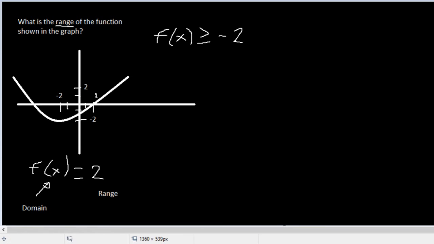Likewise, if I was to alter this graph a little bit, let's say I was to add another one here, and I asked you the same question, what is the difference between the range of these two functions, these two graphs, and this is -3 and this is -4.